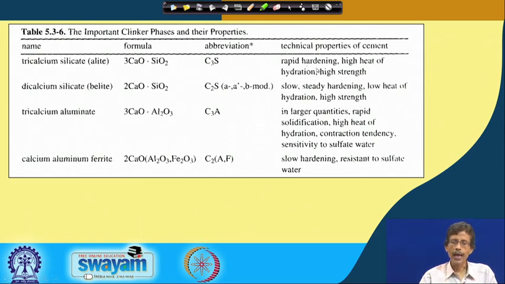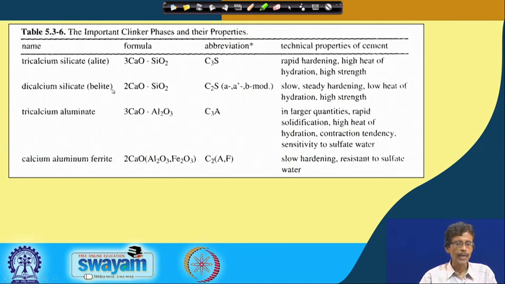The first one has the power of rapid hardening and high heat of hydration, because most of the time when we put cement, like calcium oxide, the reaction, which is nothing but your hydration reaction, is highly exothermic, but it has a very high strength.